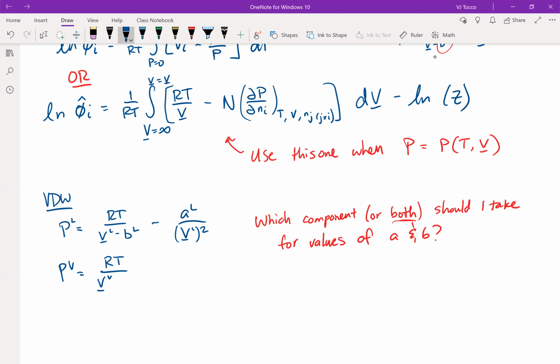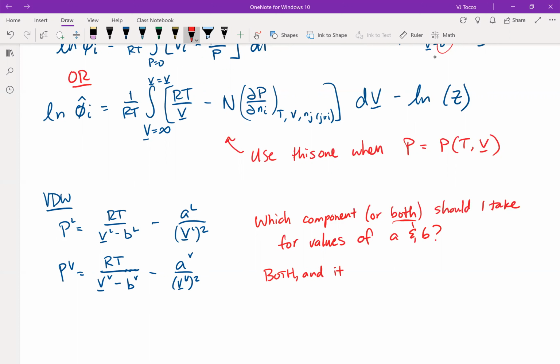It's the same equation, but with a V superscript instead of an L superscript. And further compounding the mixture, A and B are going to be a function of composition. So the answer is both, and it depends on composition.